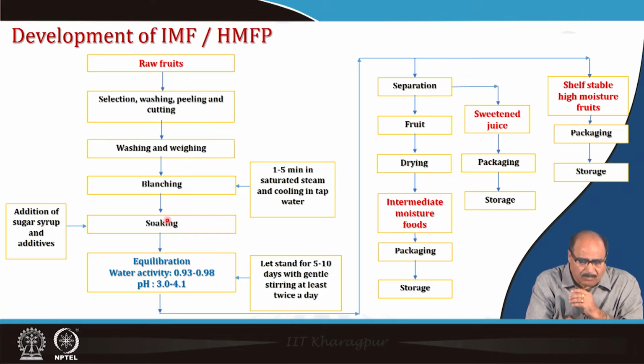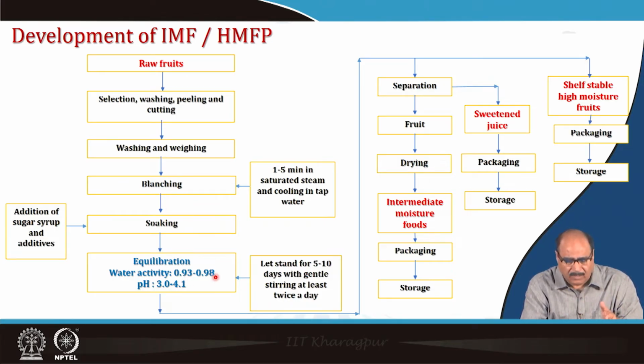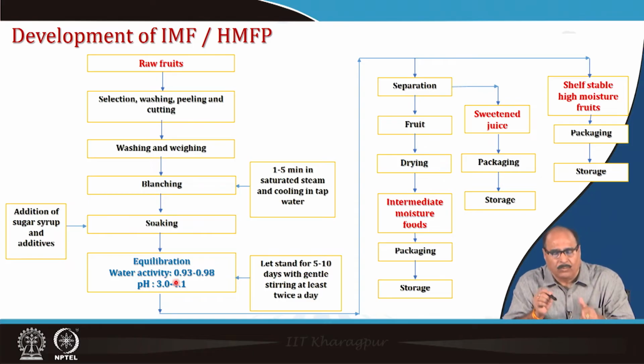Then after blanching it is soaked, with addition of syrup and other additives; in the case of fruit we add syrup of a particular concentration. It is given some time, lasting 5 to 10 days with gentle stirring at least twice a day. This is for equilibration and getting the water activity in normal form, that is maybe up to 0.93 to 0.98 and pH 3 to 4.